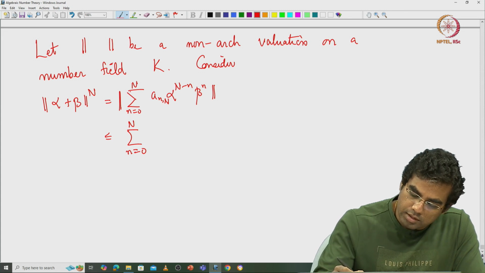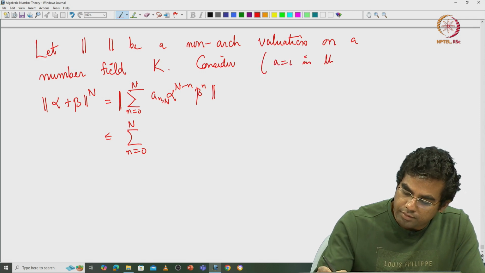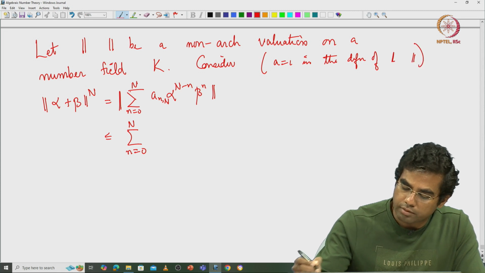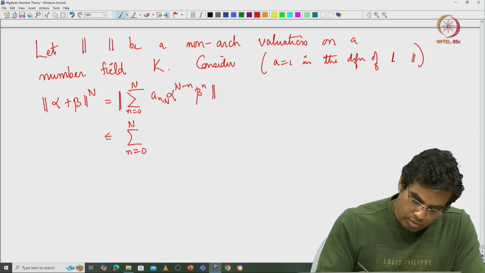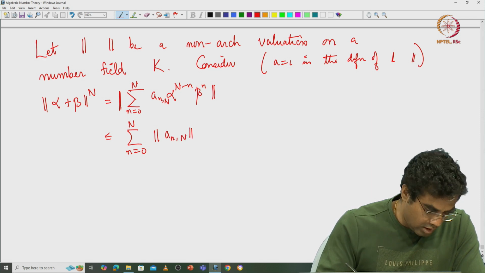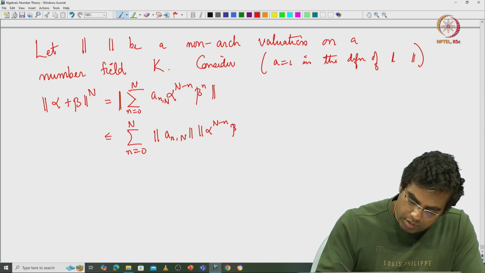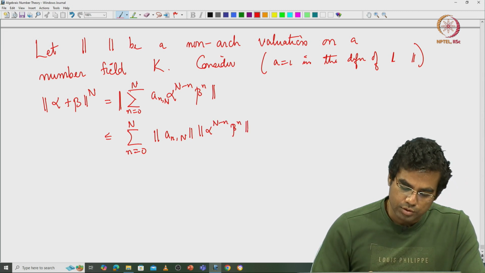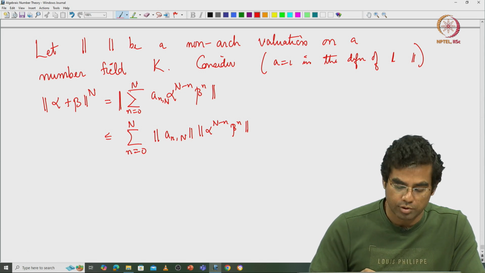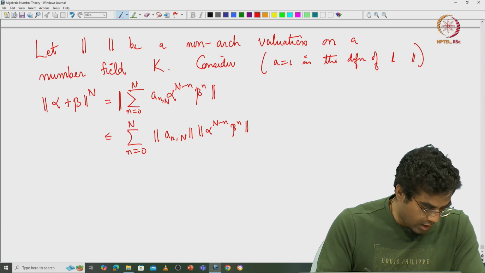Right. So, now I consider a equal to 1 in the definition of the valuation. So, this is a_n times alpha to the n minus n, beta to the n. Normally, I would have power of a to apply triangle inequality, but I am not doing that.